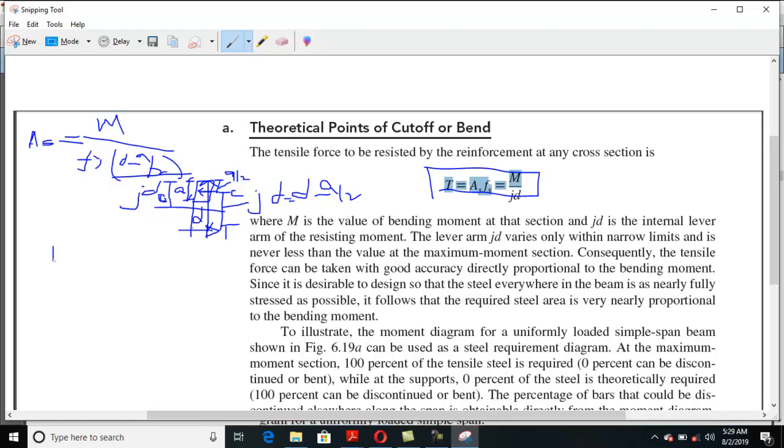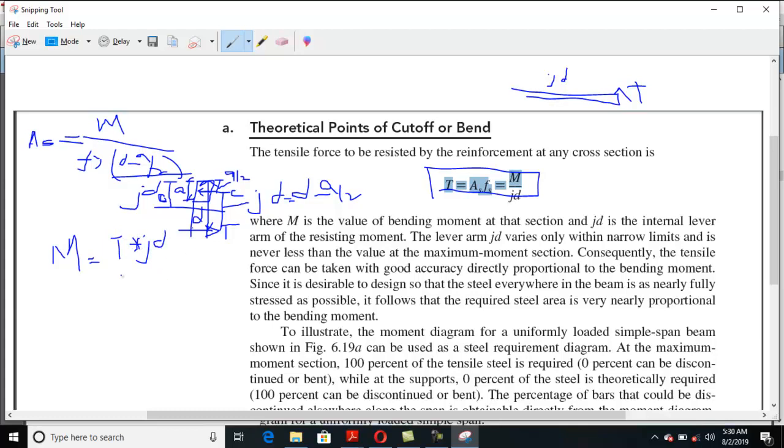So what is the moment? From this equation you can easily get the moment: moment is equal to force multiplied by the lever arm, because a couple is given by the tension force and the moment arm, that is jd. The multiplication of these two gives you the couple, the bending moment. So M is equal to T multiplied by jd.